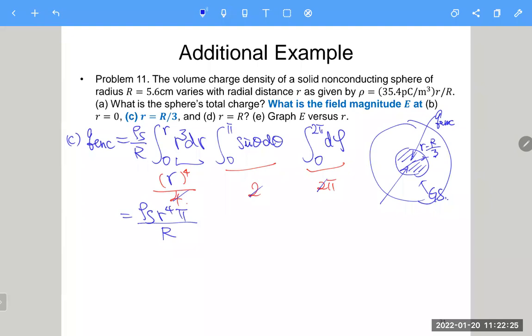Actually we need to calculate Q enclosed when R equals capital R over 3, so we can plug in here. So we have rho s and then capital R over 3 to the fourth power pi over capital R. So we have rho s R cubed pi over 81.